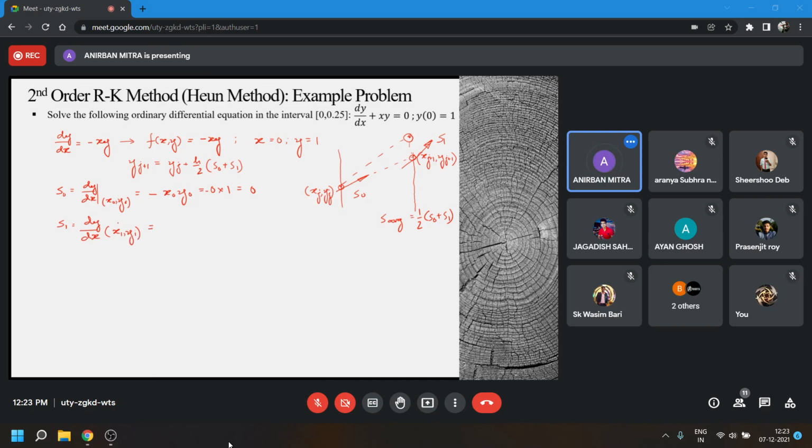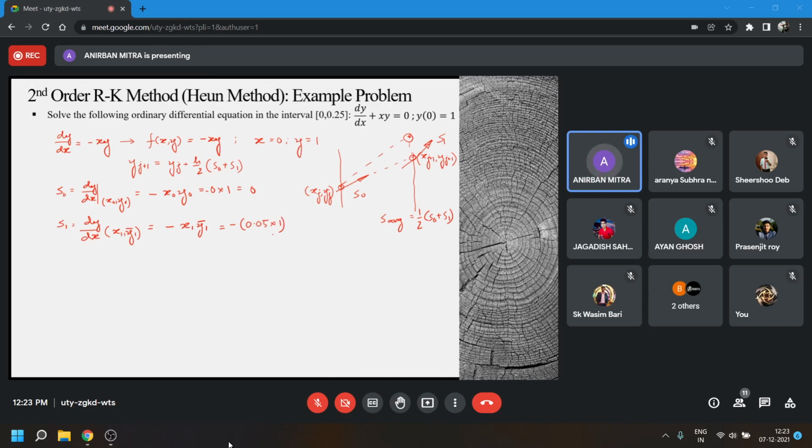By the way, according to our graphical representation, this was y1 bar. But for this problem, let us just write this as y1. Okay, to avoid confusion, let us put this bar over here. So this is minus x1 y1 bar, and that would be equal to minus 0.05 multiplied by 1.